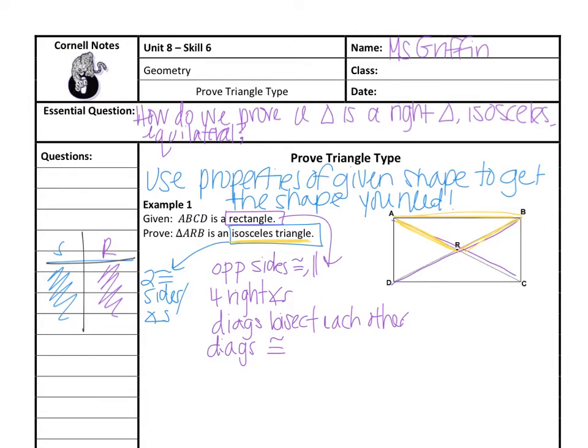So I need to get this triangle isosceles, which means I need 2 sides congruent, being AR and BR. To me, those segments lie along the diagonals, so I'm probably going to focus on these 2 diagonal properties. I might need one, I might need both. I don't really know until I get going.